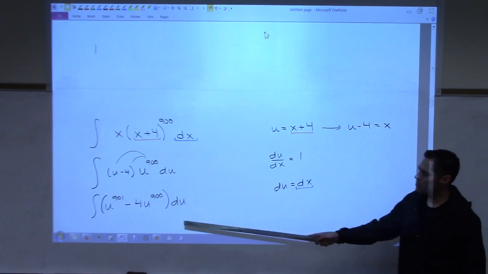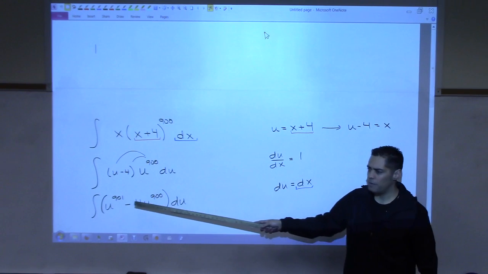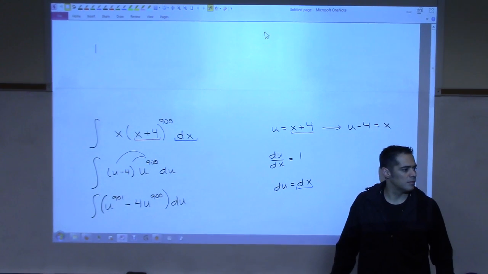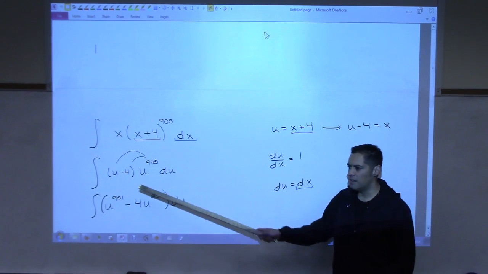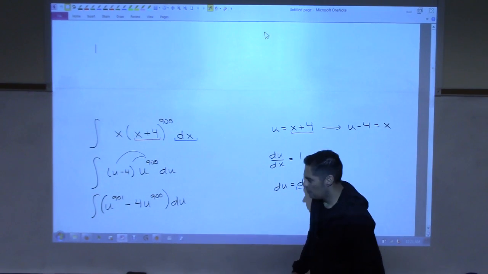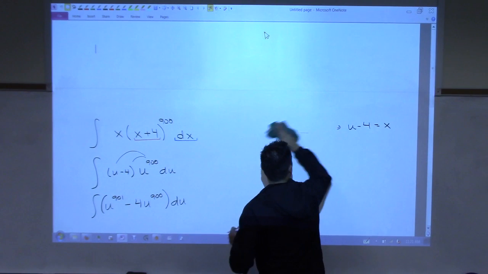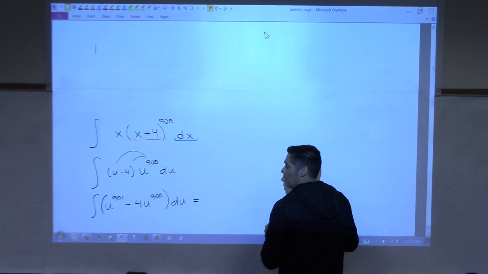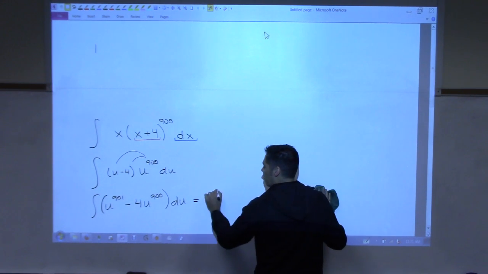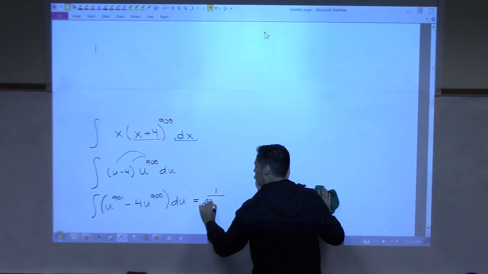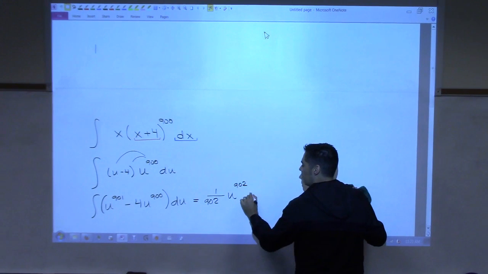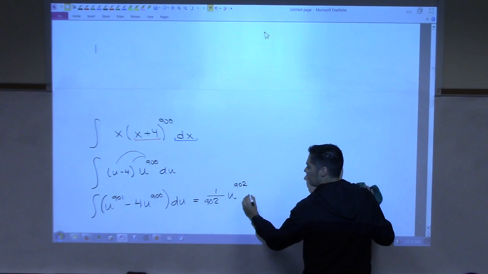If you have two terms, can't you integrate each one term by term? Yes. And these are just power rules, like x to the 901. So what's the antiderivative of this? Remember how we do this? 1 over 902 u to the 902. What about the next one?